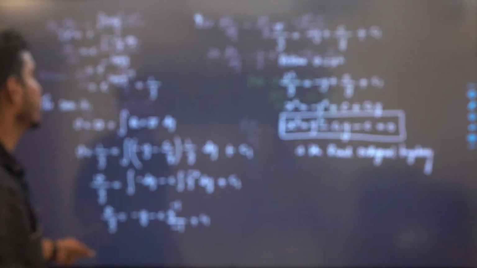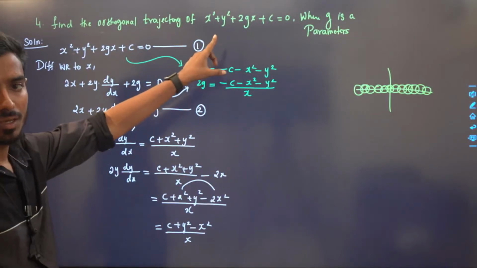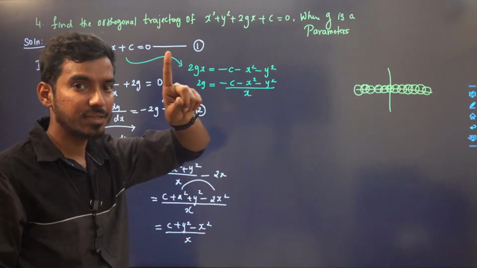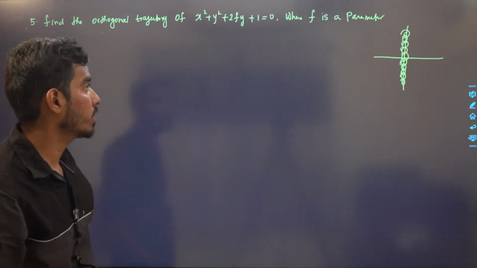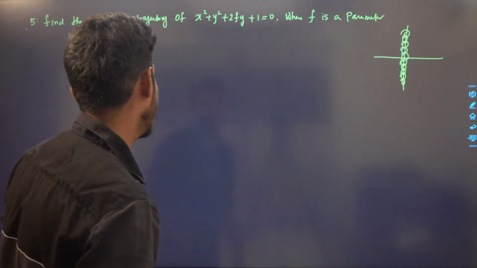You can see there are some similarities. Here we have 2gx plus c. Here c value is minus 1. Instead of 2gx, we have 2fy. The solution is going to be very similar, but it is a very interesting problem.